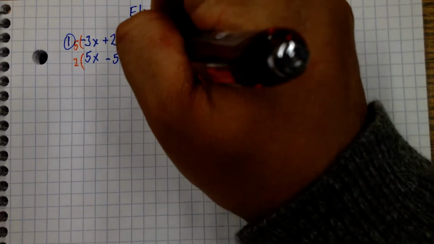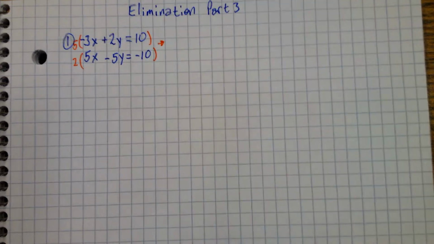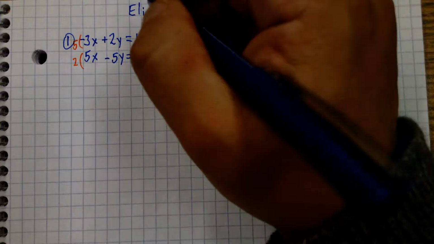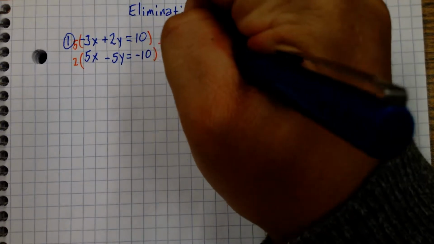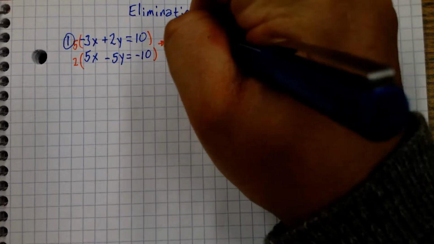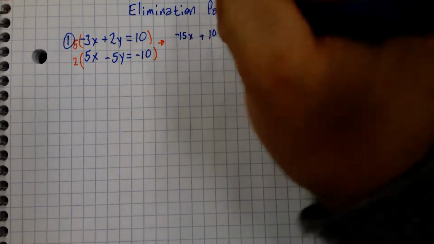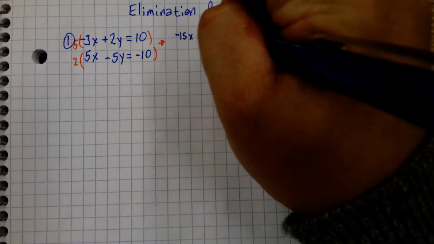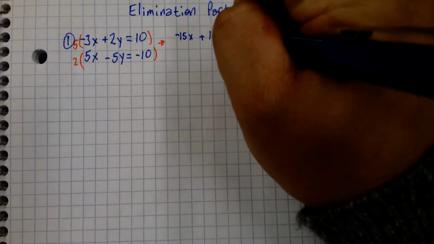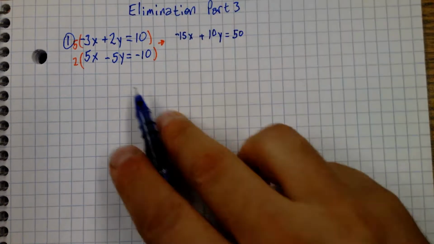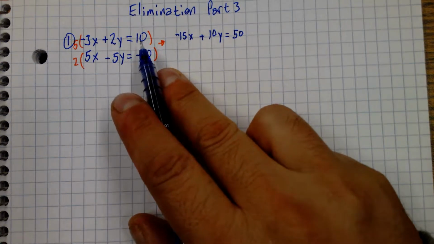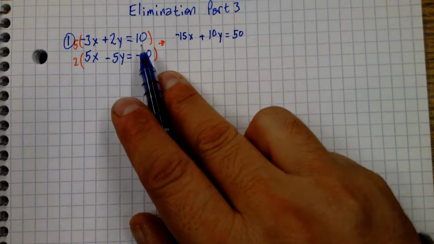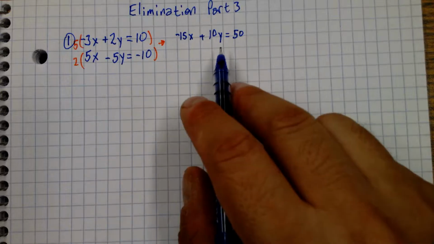Okay, let's go ahead and start with that. We're going to have negative 15x plus 10y equals 50. One of the things that happens is sometimes I see people forget to multiply the other side of the equal sign by that factor.